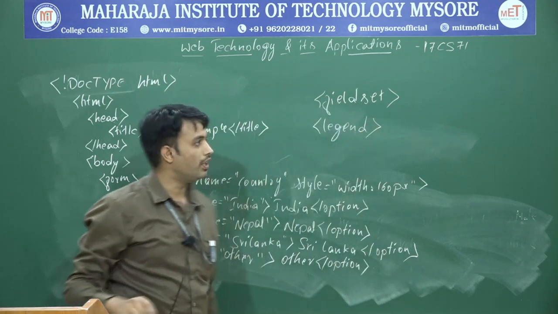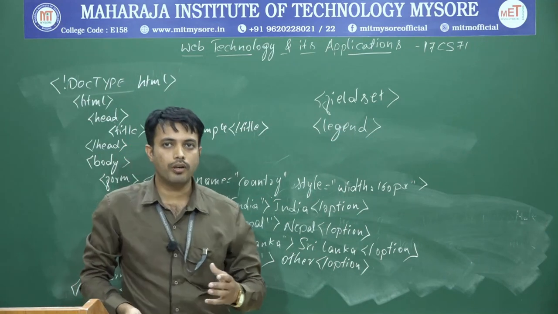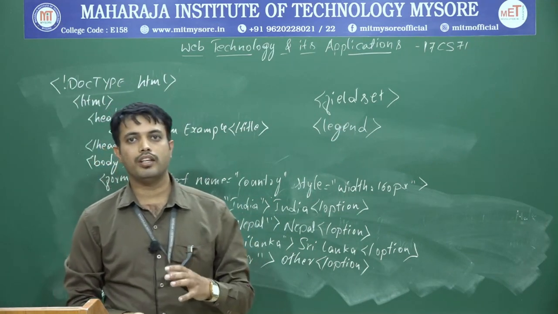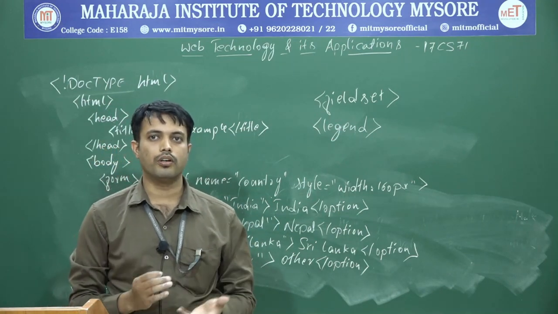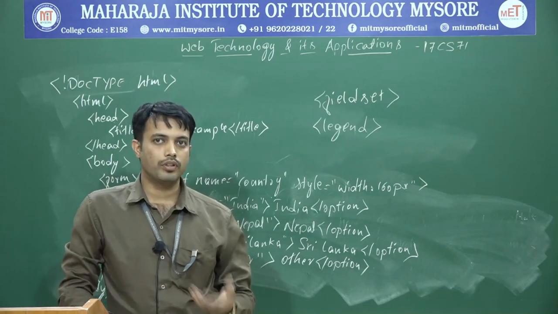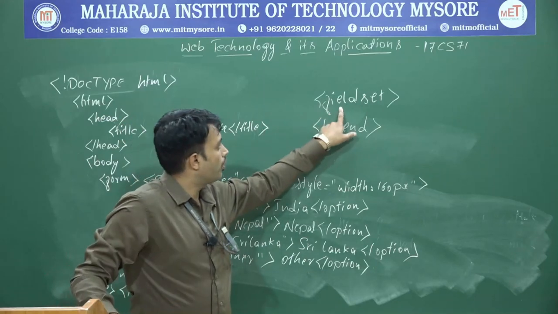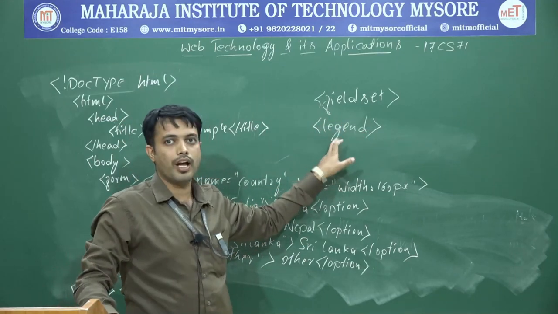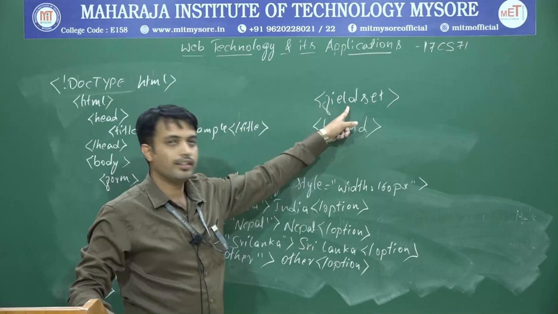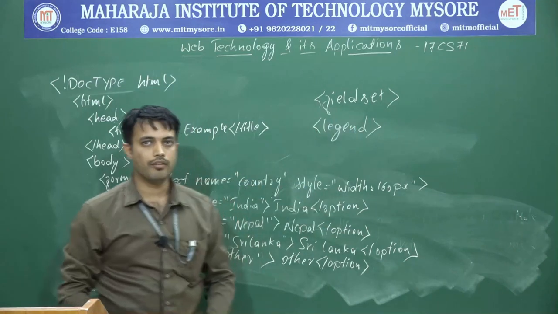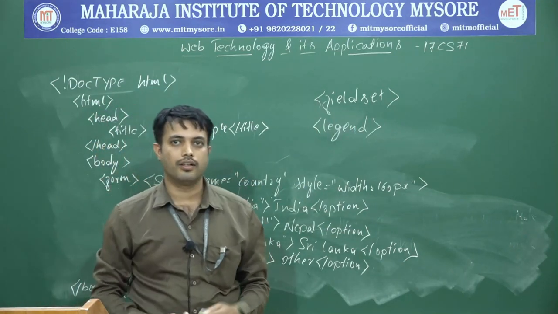What do you mean by field set? In order to group more than two elements, we can use field set, and legend is used to add a caption for the field set tag. I will discuss that in detail in the next session.